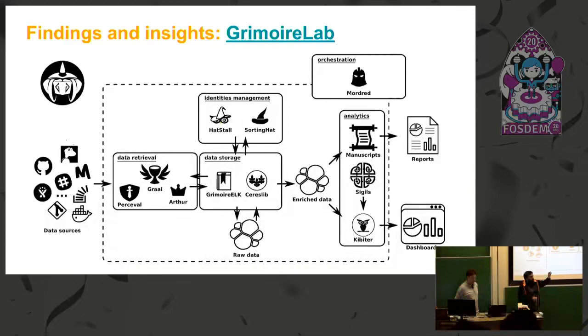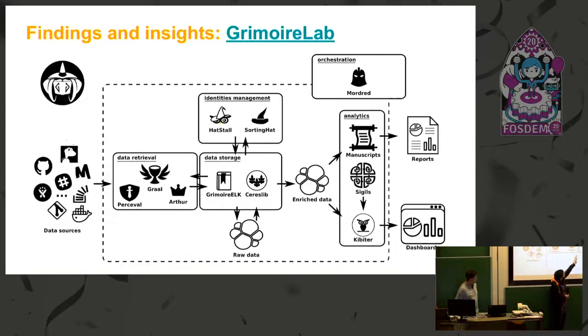From GitHub, we extracted pull requests and issues. The other two components are Graal, which wasn't used for this work but is used to extract information about source code, so lines of code, comments, cyclomatic complexity. And then Arthur is a tool that is able to execute Graal and Perceval at scale.